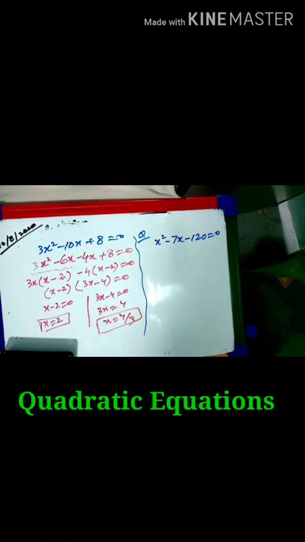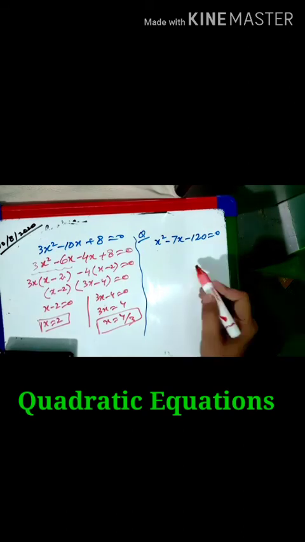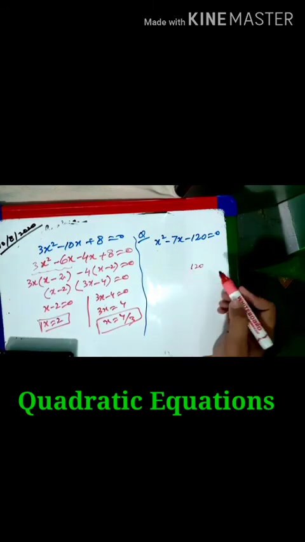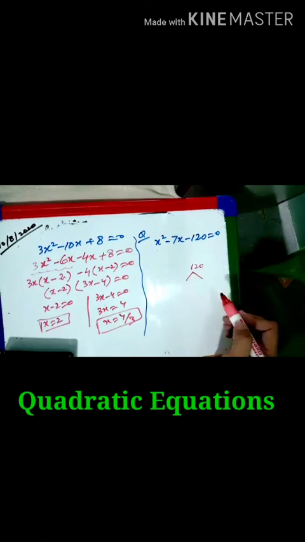Which two numbers would make 120? Sometimes it's also a problem how to analyze which two numbers make 120, and the difference of these must be 7. So for that, I will give you one more technique. For 120, if you don't know these things, you start with division by 2.